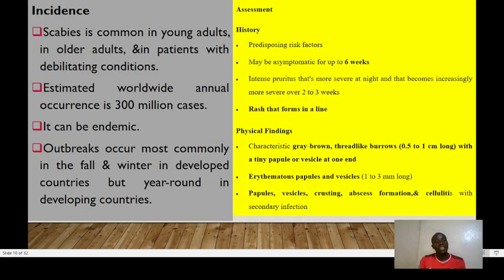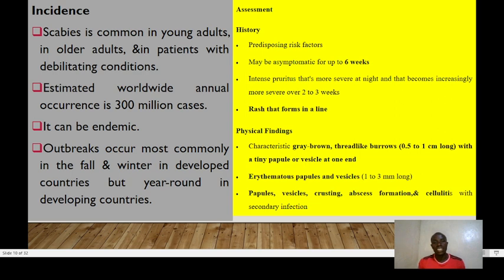Scabies is common in young adults and older adults and in patients with debilitating conditions. It is estimated worldwide that we have an annual occurrence of about 300 million cases. It can be endemic in some areas, but outbreaks most commonly occur in the fall and winter in developed countries, but year round in developing countries.